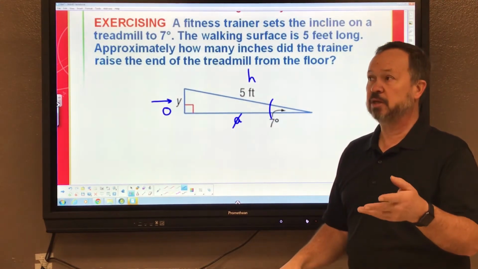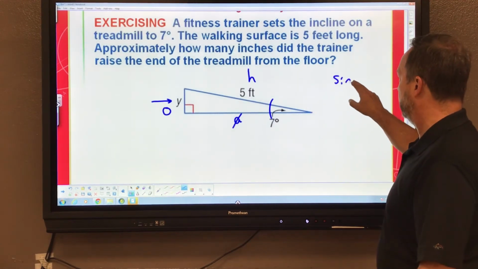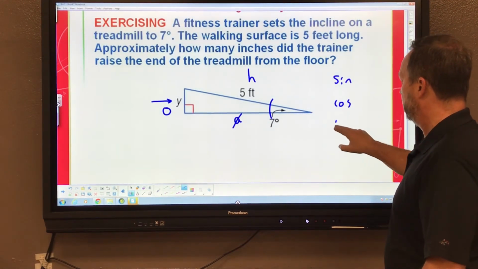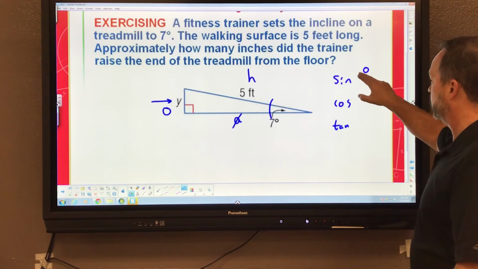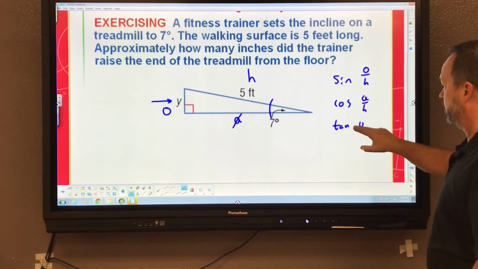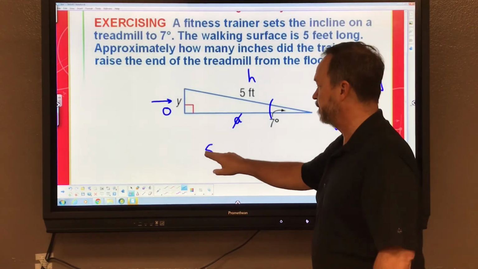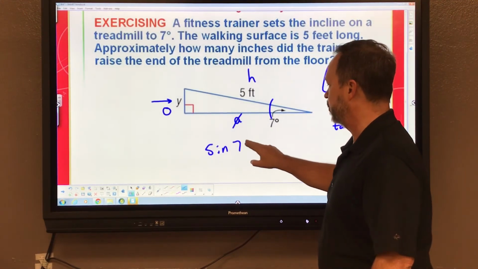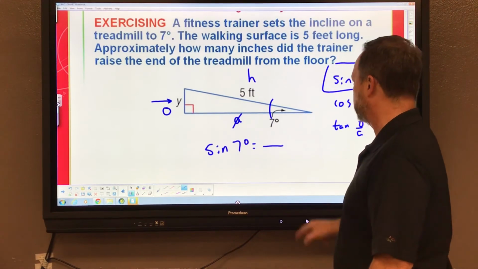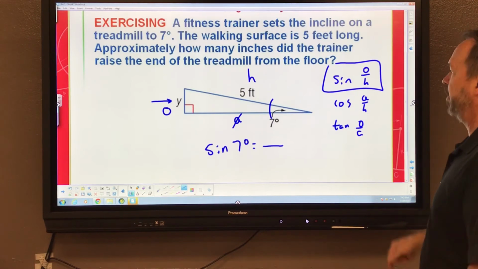O and H. Sine. Because we know that sine, cosine, tangent, SOH CAH TOA, those orange horses right there. There you go. Always have orange angles. So we know we're going to be doing sine. So we take the sine of 7 degrees is equal to opposite divided by hypotenuse.